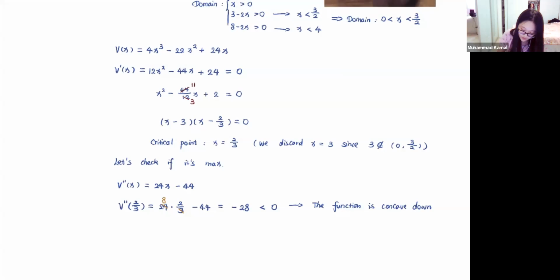Since it's concave down, do we know if our critical point is max or min? Max. Max, okay? So therefore, x equals 2 over 3 is the max point.